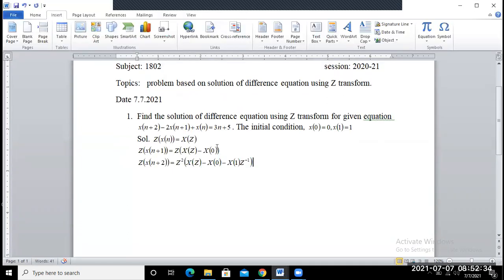Just put these values of the Z transform of x(n), x(n+1) and x(n+2) in this equation and simplify.